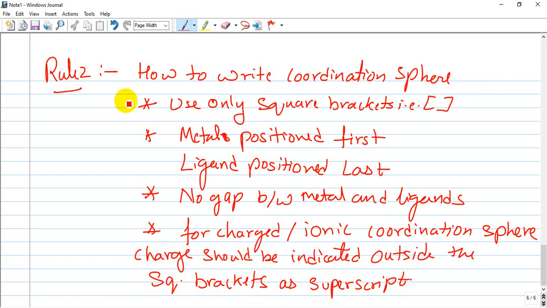So based on these points, we can write the coordination sphere. Whenever we are writing the coordination sphere, we should use square brackets. In that, we write first the metal and then the ligand. Okay. Now based on this, some examples we are going to discuss.